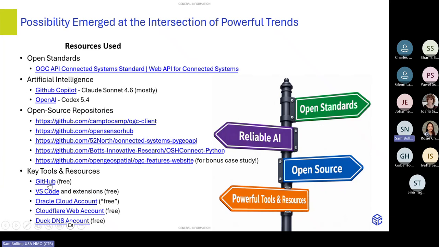And then lastly, GitHub itself is a platform to build the code using VS Code, which is also free. I learned in the process that Oracle and Cloudflare have free accounts with services, and last but not least, a domain name server service that gets you a free URL if you don't want to pay for one.